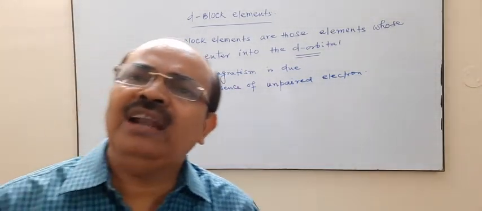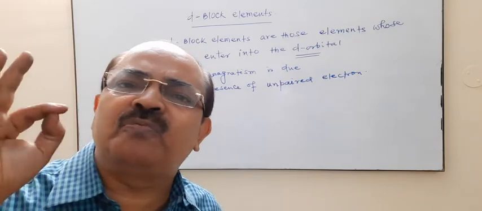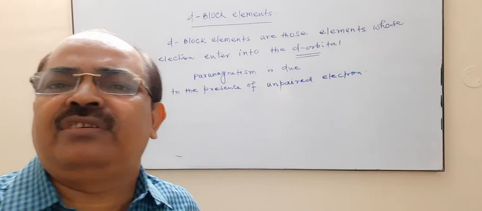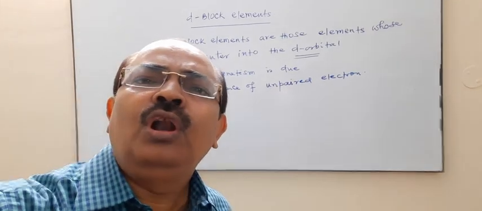However, when no unpaired electron is present, then it will be diamagnetic.